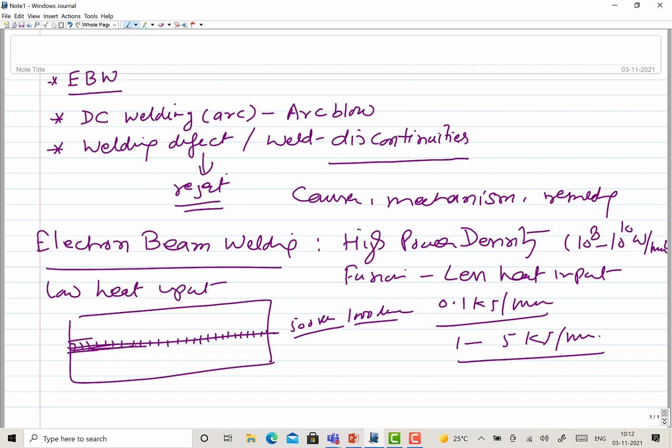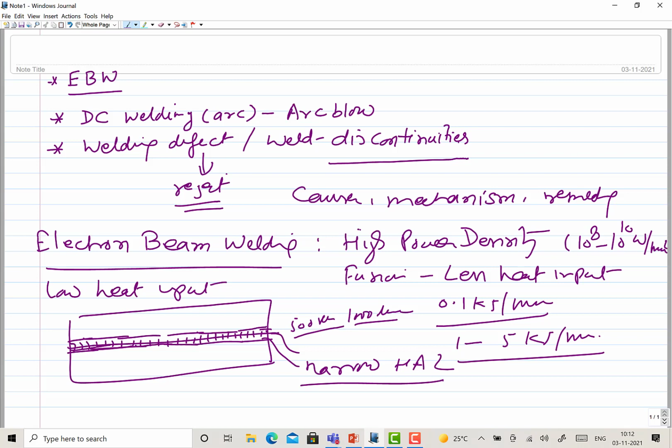Because of this narrow width, welding and fusion related issues are minimized. At the same time, due to the low heat input, you have a very narrow heat affected zone, meaning the metallurgical and mechanical property variation in the base metal away from the fusion boundary is very less.